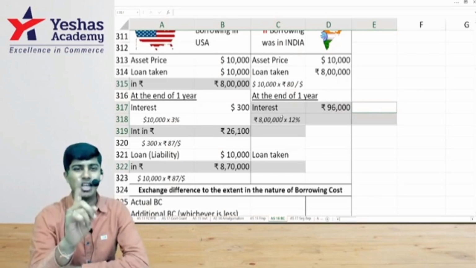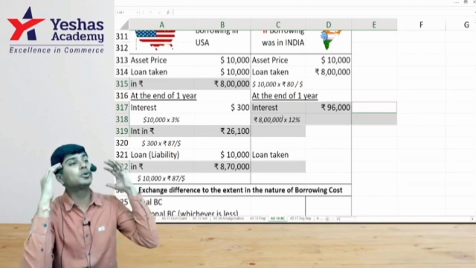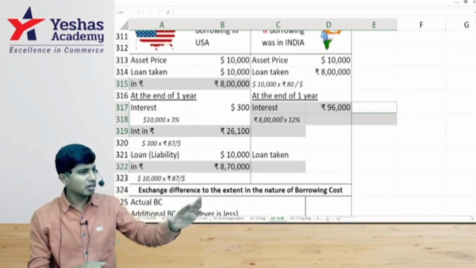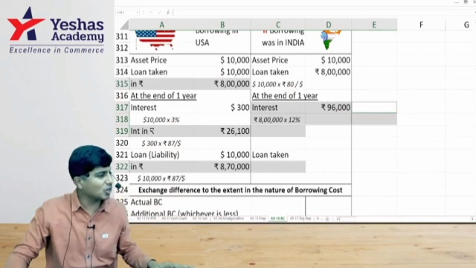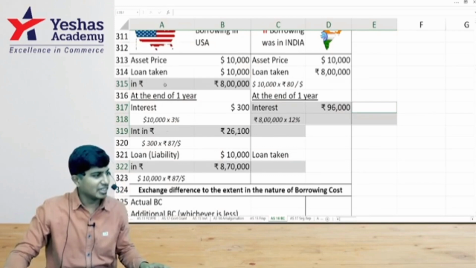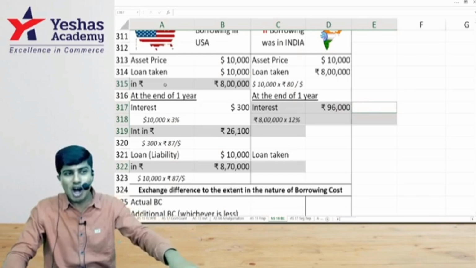If you had taken the loan in India, your interest would have been 96,000. So up to 96,000 is your borrowing cost. Your interest is only 26,100, but the 70,000 increase in liability is also considered as borrowing cost.